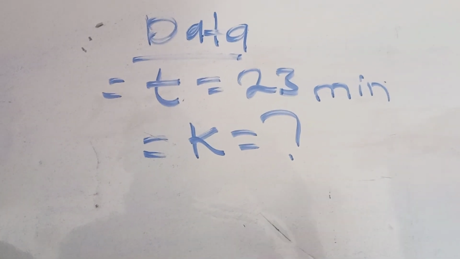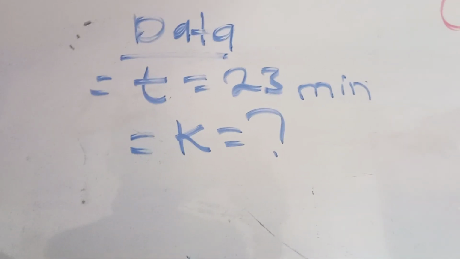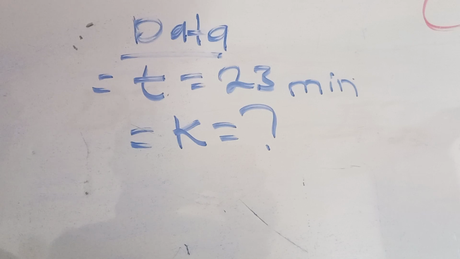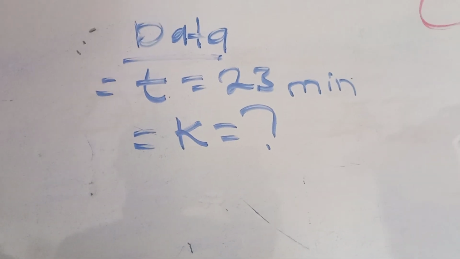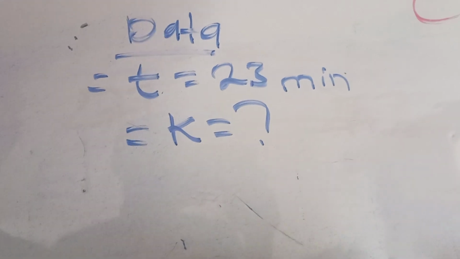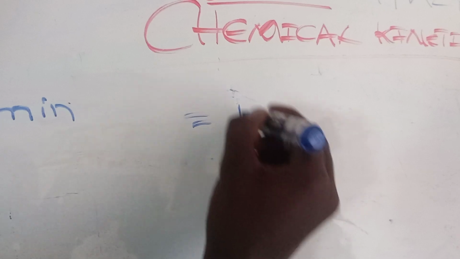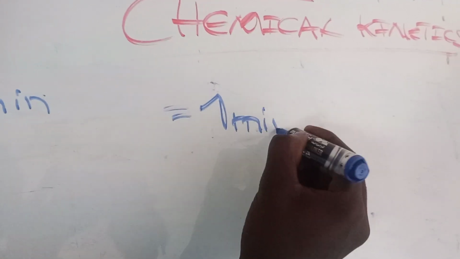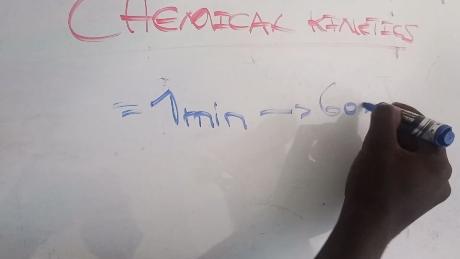Note that it is mostly recommended that you convert this 23 minutes into seconds, since concentration mostly deals with seconds. As usual, 1 minute is equivalent to 60 seconds.